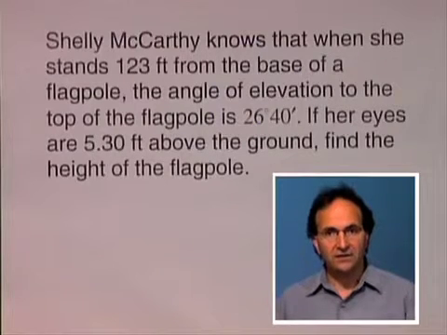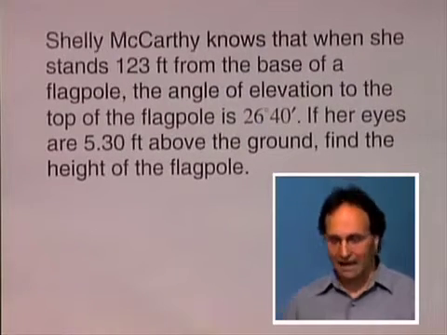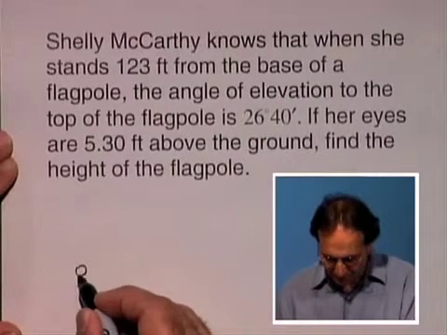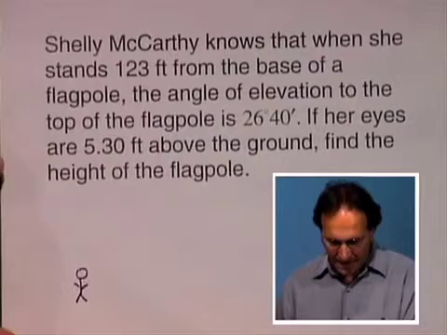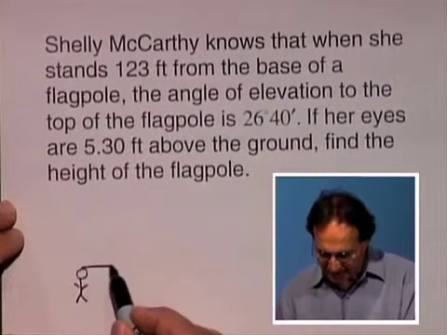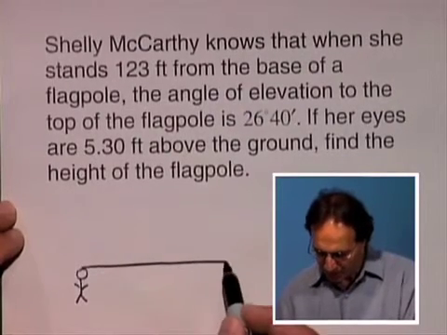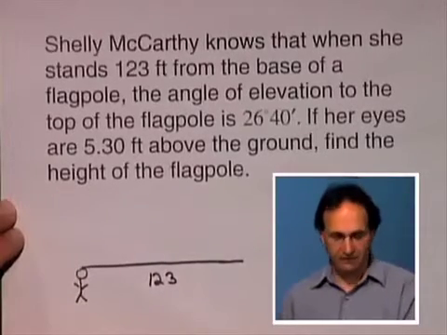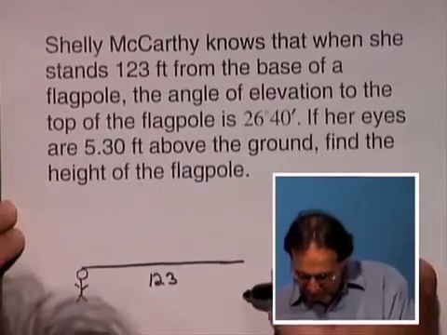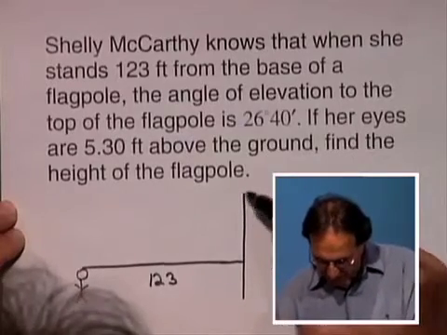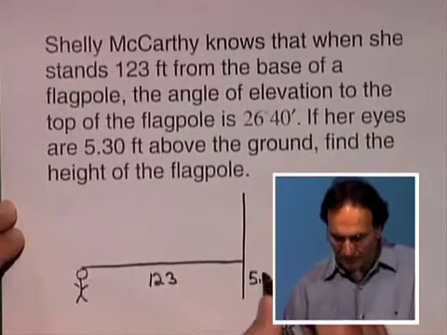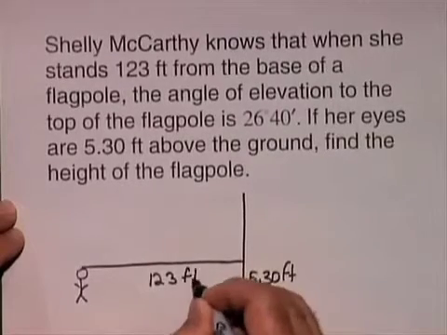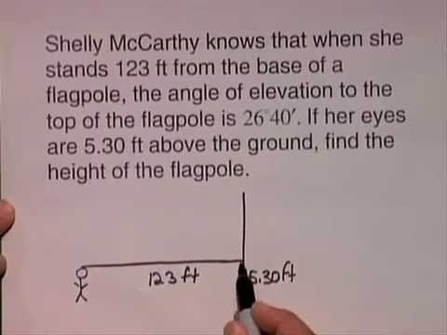So let's sketch a figure of what's happening here. We'll start with Shelley, my little stick figure, and she is standing 123 feet from the base of a flagpole, but her eyes are 5.30 feet, and that's feet as well, above the ground.